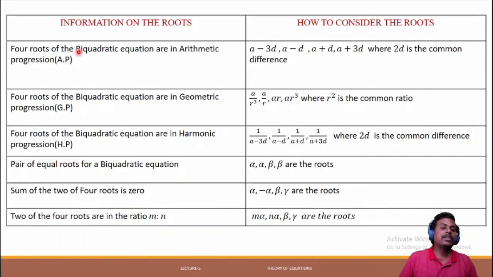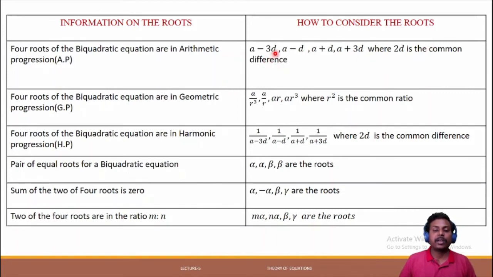Now let me get into the next slide, which shares some information on a biquadratic equation. So this is the information given on the roots of a biquadratic equation. Four roots of a biquadratic equation are in arithmetic progression. And then how do we take the roots? a minus 3d, a minus d, a plus d, a plus 3d, where 2d is the common difference. Why did we take like this?